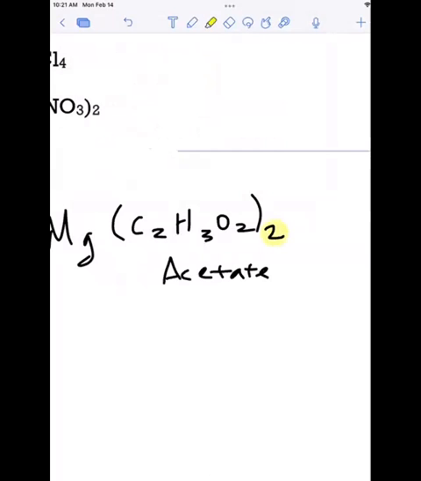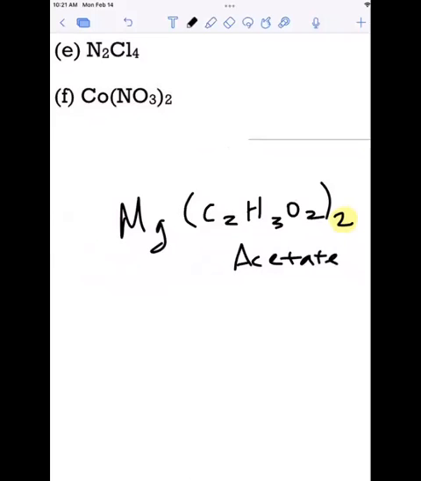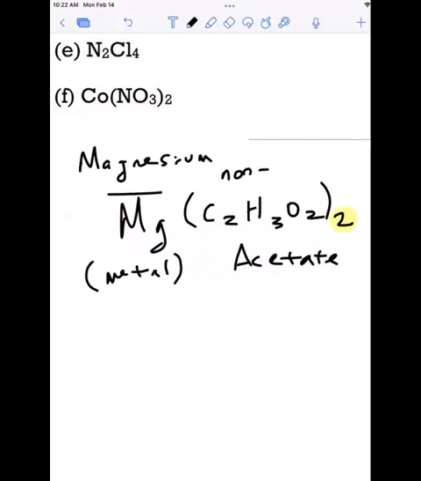We're going to show you what the reason is, but you can tell that these are ionic because the polyatomics have a negative charge, many of them, and then the metal itself is going to have a positive charge. So this is magnesium. So it's a metal, and this is a non-metal.